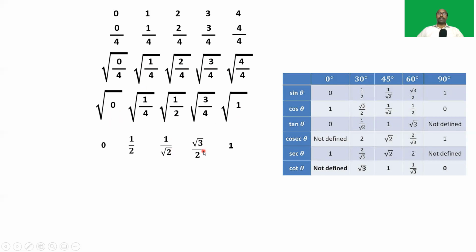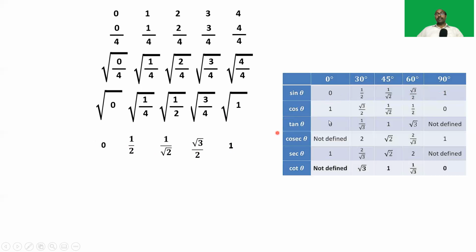Root 3 by 4 is root 3 by 2. And root 1 is 1. So these are the values in the first row, the values of sine for the different angles: sin 0, sin 30, sin 45, sin 60, sin 90.